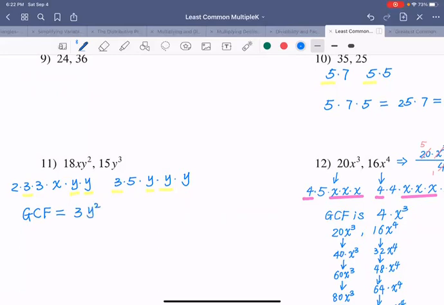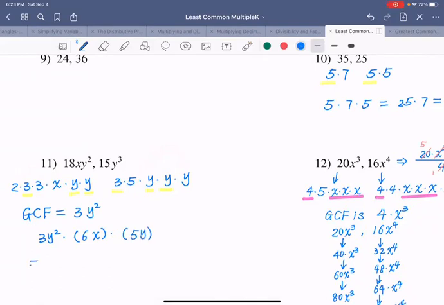Good job. Now, this guy has 2 and 3 and x left. This guy has 5 and the y left. So let's times them together. 3y squared times, this is 6x, right? Yeah, 6x times 5y. There you go.